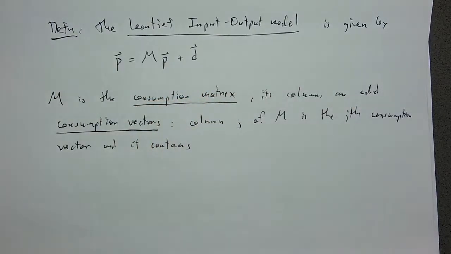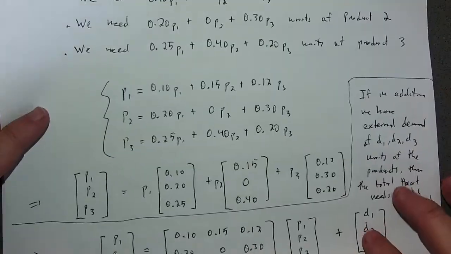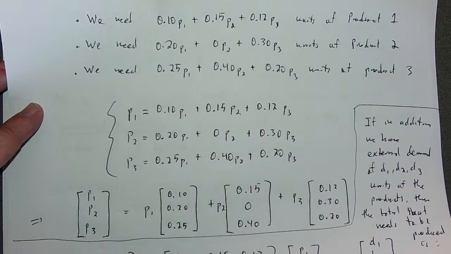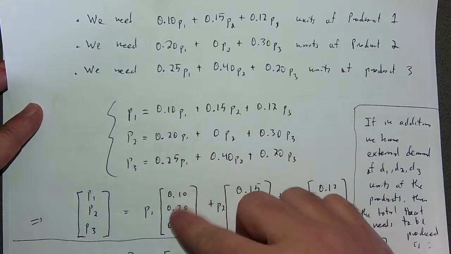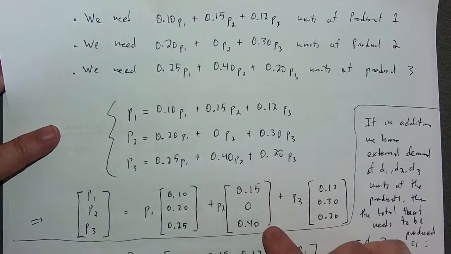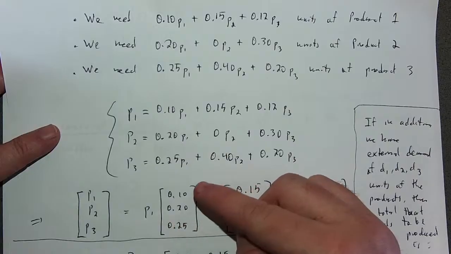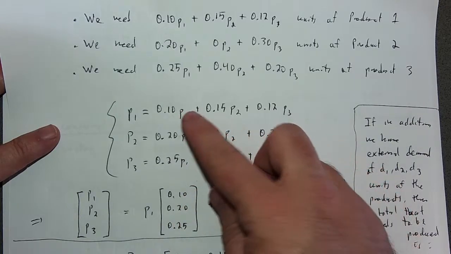what? So the reason that I wrote this out in the following way, when we had this expression and I wrote it out as a vector equation so that we can see the columns of this matrix, the columns of the matrix tell me what? So the first column tells me the amounts of, so what does this tell me?